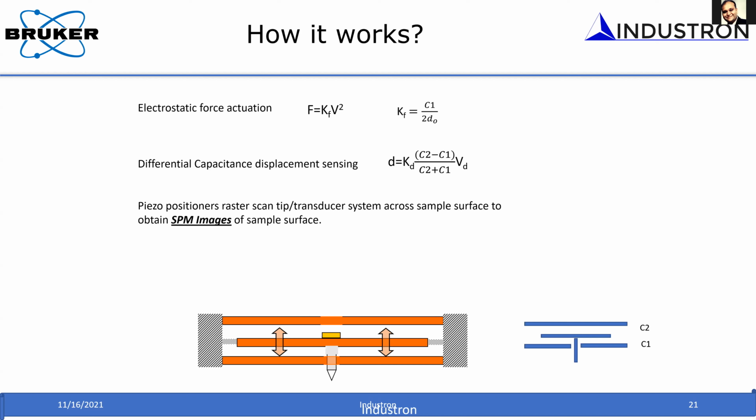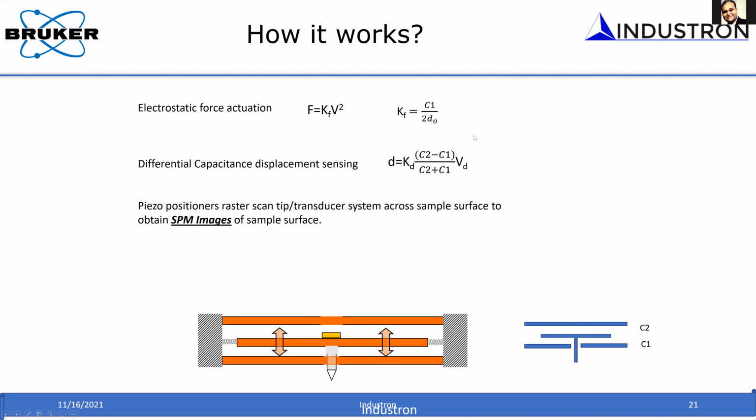Likewise, if you apply a high voltage difference between these plates, that generates an attractive force. That force scales with the capacitance between the 2 plates, C1, and the spacing between them. This is a constant, and depending upon the voltage applied, you can vary the force.